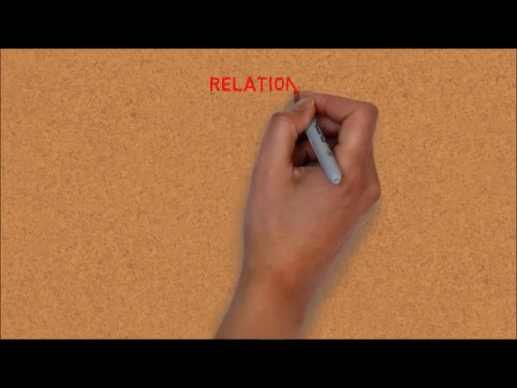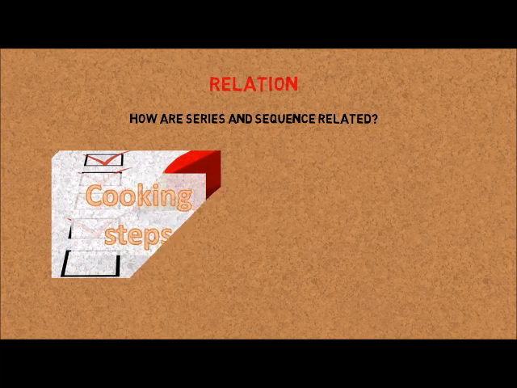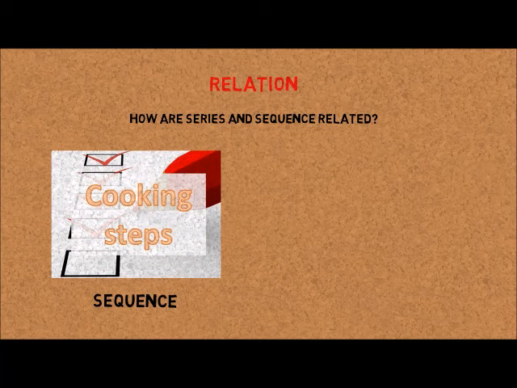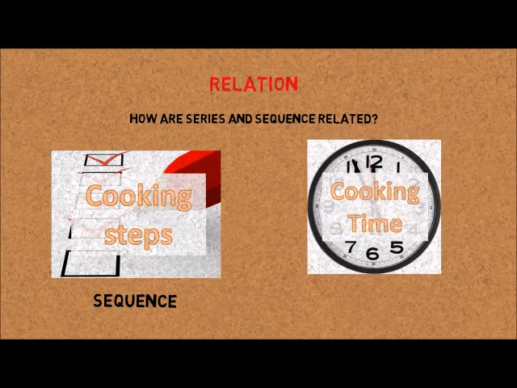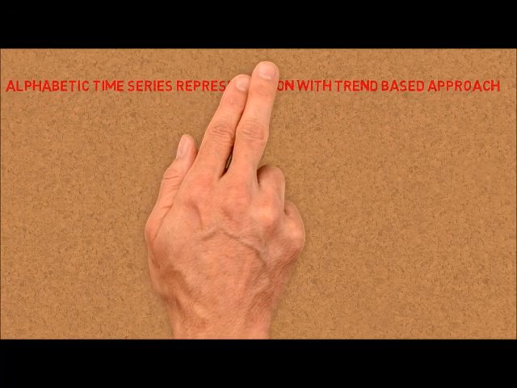In this video, you can see the relation between series and sequence. We can infer that the cooking is done sequentially, where each step has to be done in sequence. Whereas, in series context, cooking time would be the summation of the time taken for every step, which in this case is 44 minutes. Now, let us move on to our article.